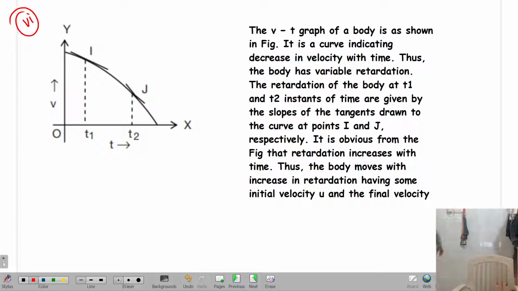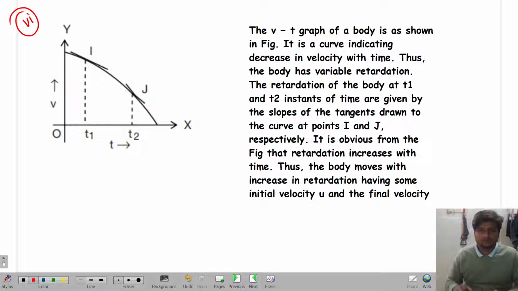Try to do it. Can you tell me about this graph?